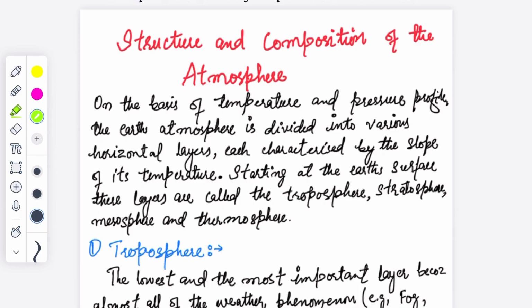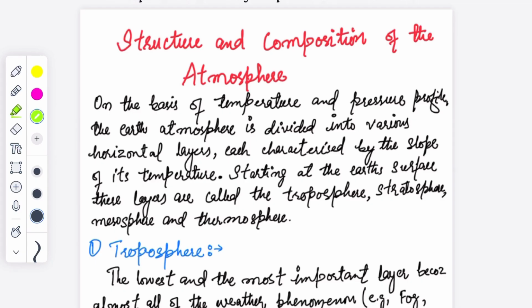So what is the atmosphere? The atmosphere is basically the mixture of gases, dust, water vapors and other particles that envelop the earth, and it is primarily composed of 78% nitrogen and 21% oxygen.